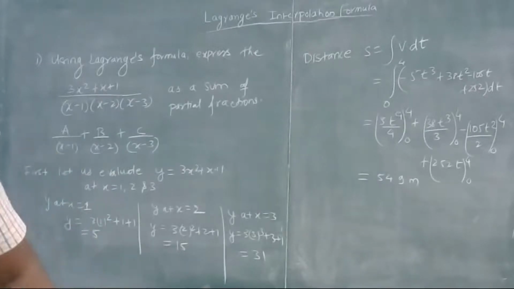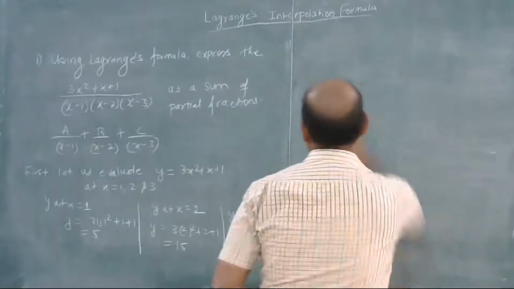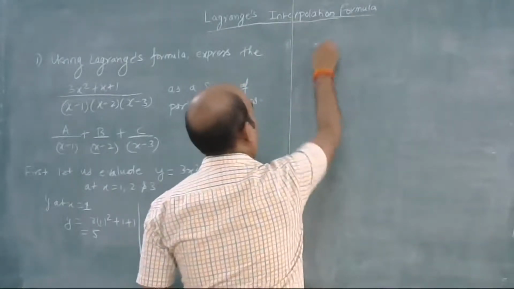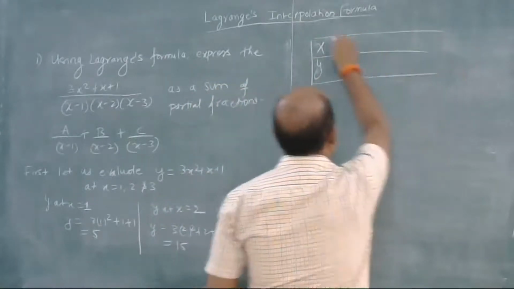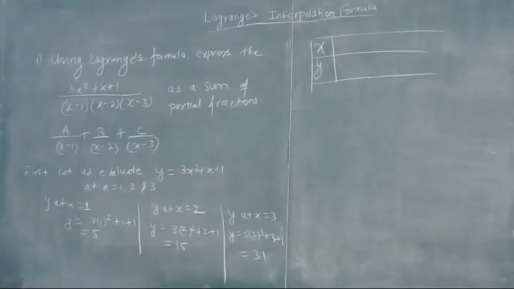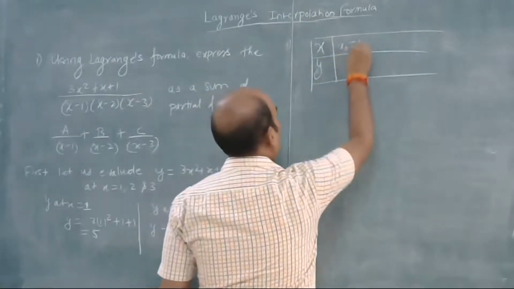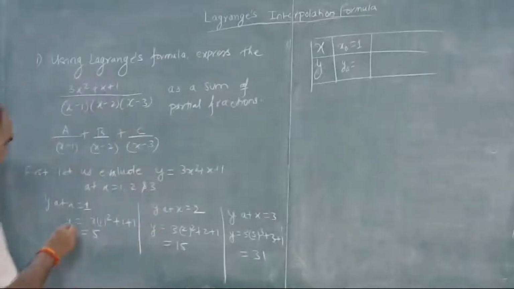So we can draw a table comprising x and y. The first value is x0 is equal to 1, so we are getting y0, which is 5.